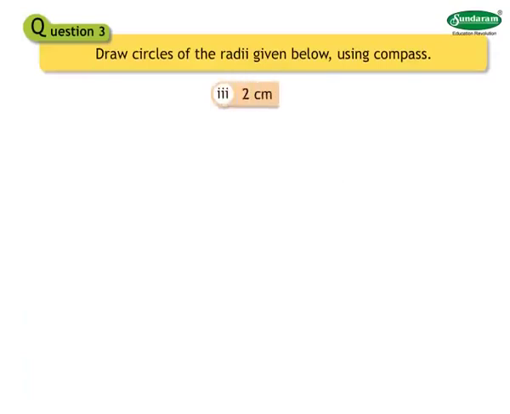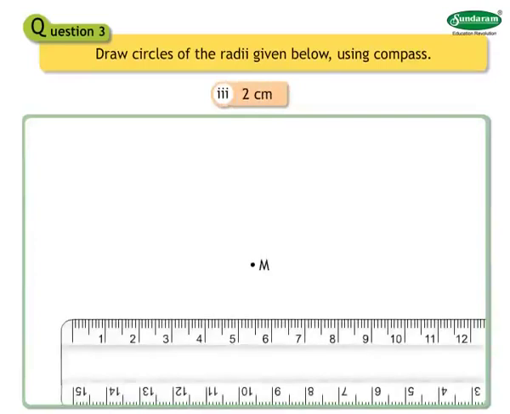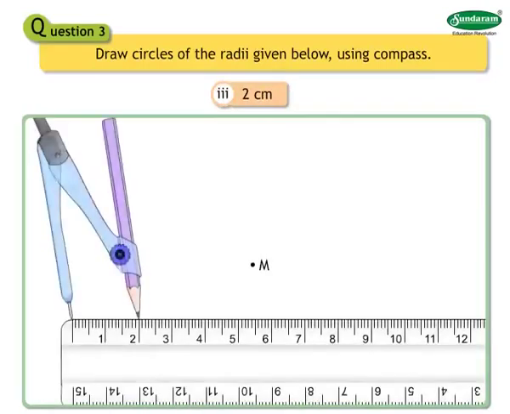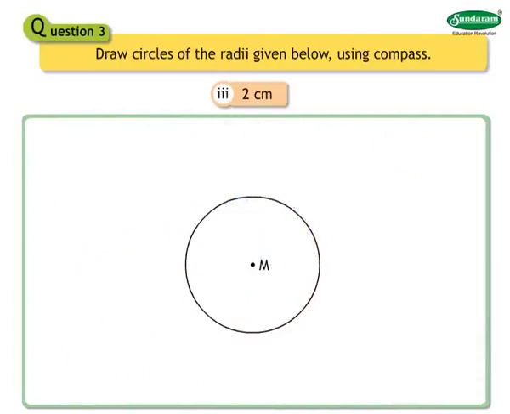Number 3. 2 centimeters. Draw a point M on the page. Place the compass on point M. Taking a distance of 2 centimeters, draw a circle around M. This is the required circle with center M and radius 2 centimeters.